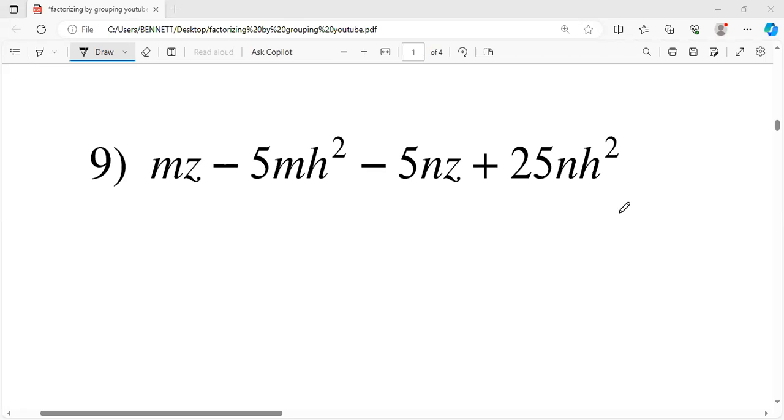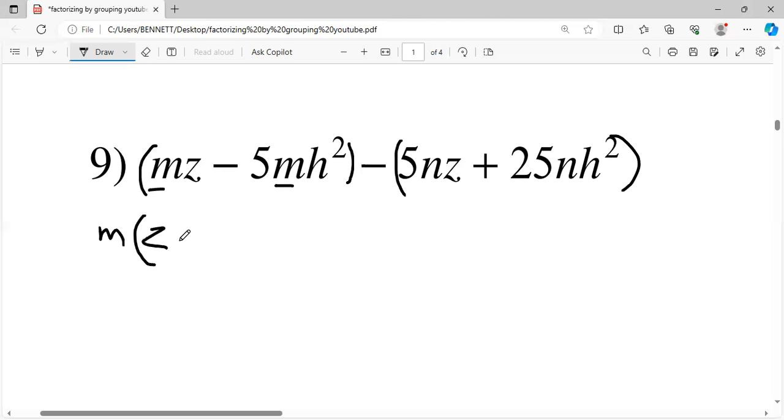Alright, so let's go. We're gonna bracket them off again. That's the first step. And then we're gonna take out the highest common factor. So we have m common. We take out our m, there's nothing else common. m into mz would leave z because m would cancel m.